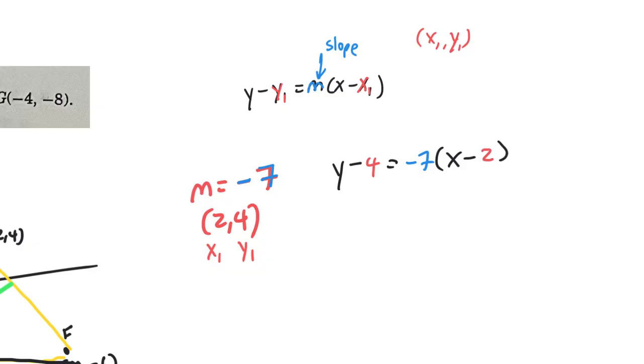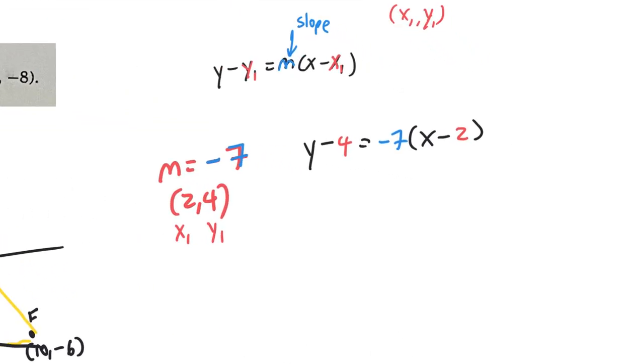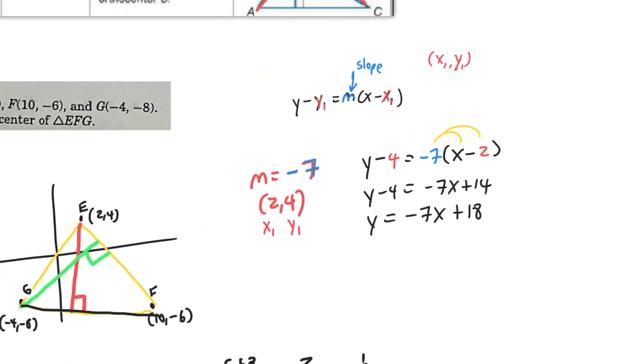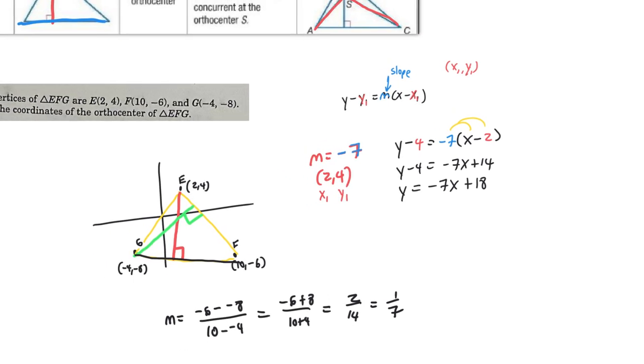So that's the equation of the red altitude. Now let's clean it up a little bit. We could distribute this. We could say y minus 4 equals -7x plus 14. We could add 4 to both sides. That becomes -7x plus 18. Okay, so that is the equation of the red altitude.